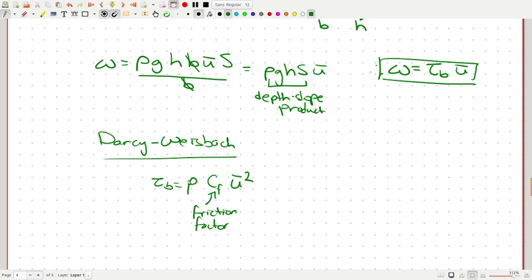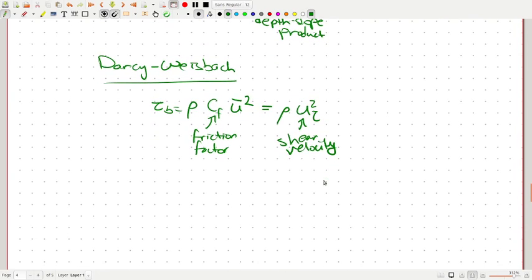And if you want to just understand a bit more about where this comes from, you can also remember that this is equal to rho density times u tau, so this is the shear velocity, squared. And so you can think of this friction factor as something that is converting between the mean flow velocity and the velocity that tells us something about the intensity of the turbulence, which then leads to dissipation of energy against the beds and banks. All right, great. So that's Darcy-Weisbach formula.